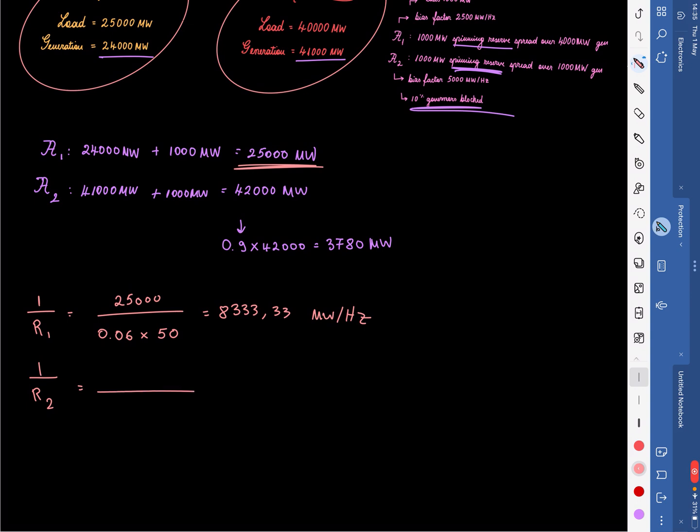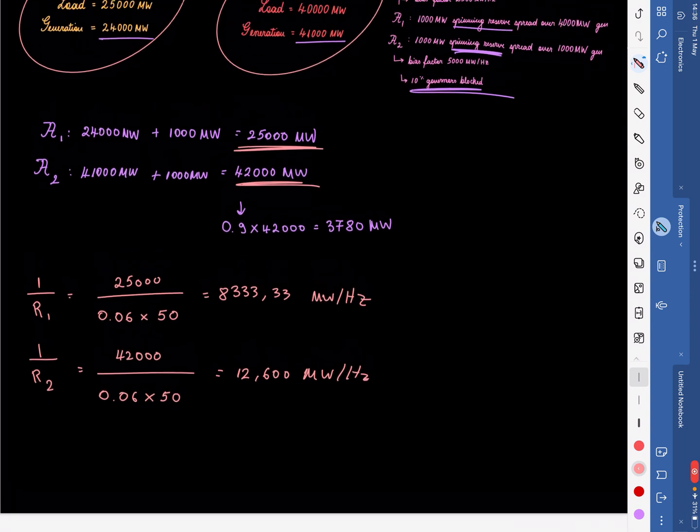For area 2, what's the droop response? Same thing, so for a 6% change in frequency, we have a 100% change in load, 42,000. So that's 12,600 megawatts per Hertz.